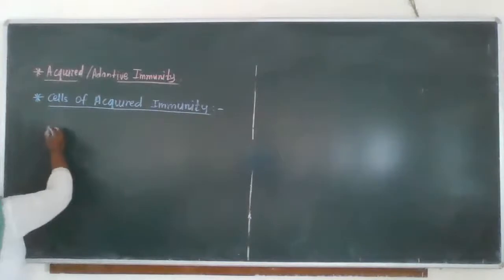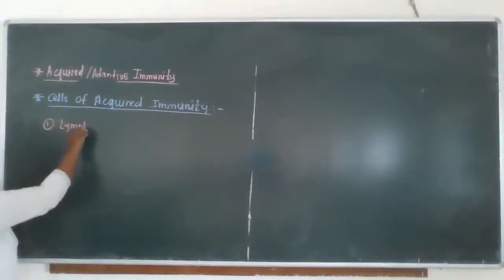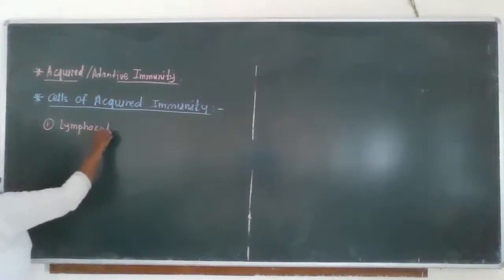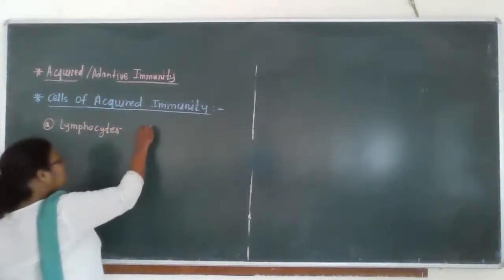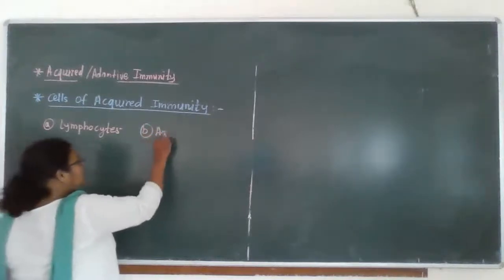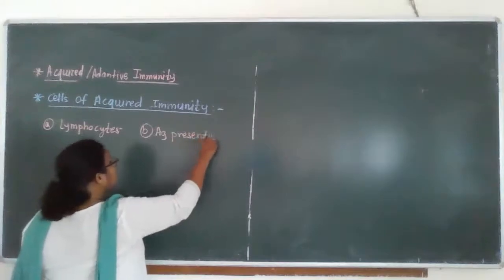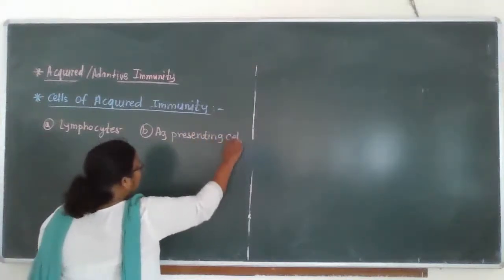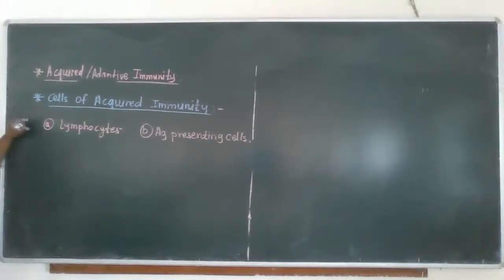There are 2 cells. The first one is lymphocytes, and the second one is antigen presenting cells. These are the 2 major cells especially used for our immune response, right?